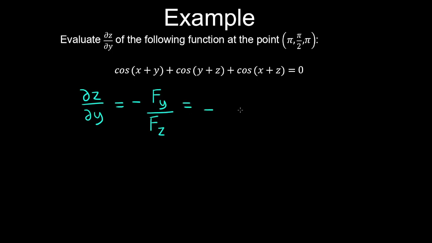So we have negative, and taking the partial of f with respect to y, we get minus sine of x plus y, minus sine of y plus z.